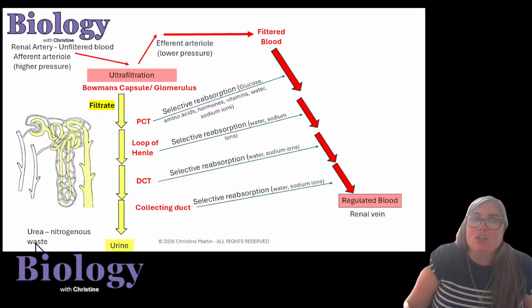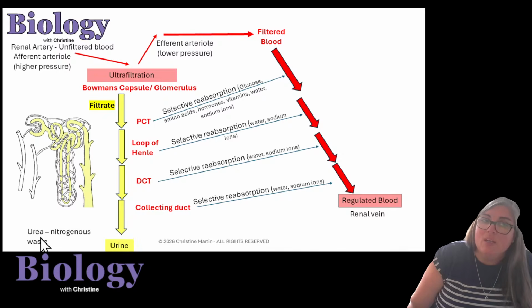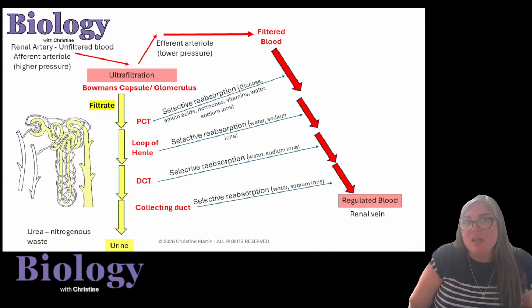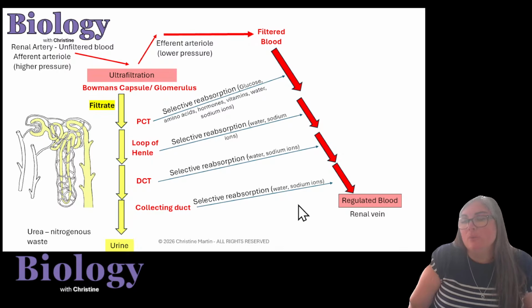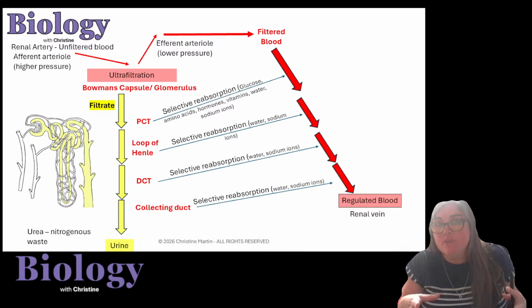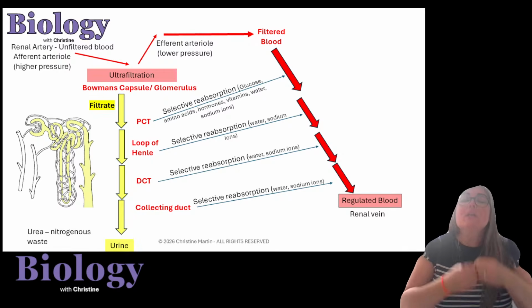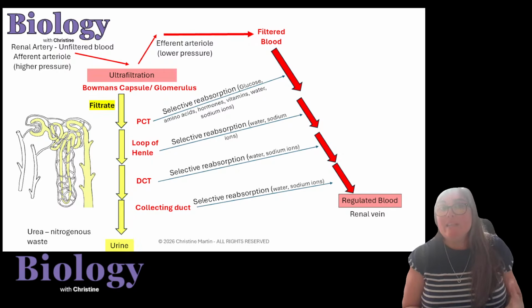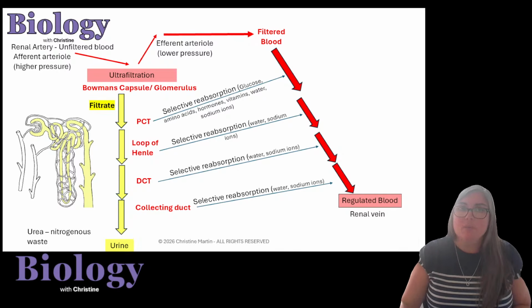And obviously that urea, which was produced through the ornithine cycle in the liver, is going to be excreted in our urine, and the concentration of our urine is dependent on how much water was being reabsorbed back in. So if you drink lots of water and you produce large volumes of urine, that is going to be because you are not needing to reabsorb it back in, because we need to maintain that water potential.